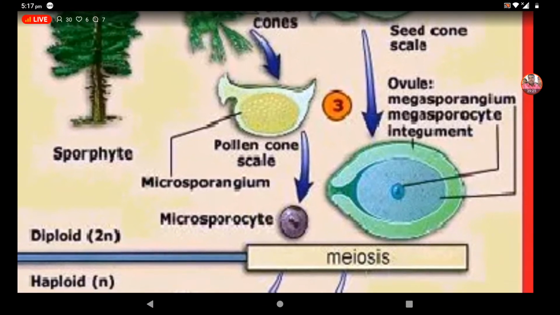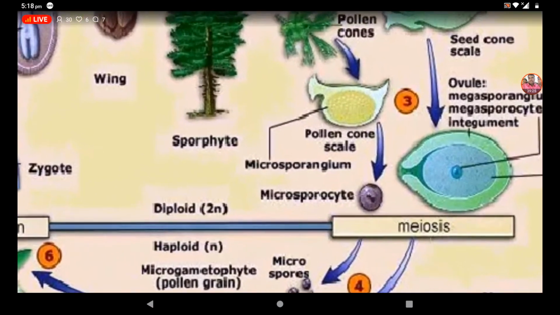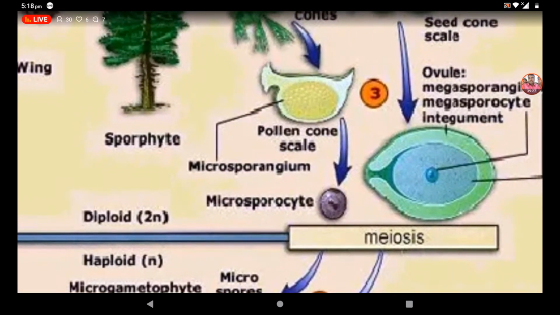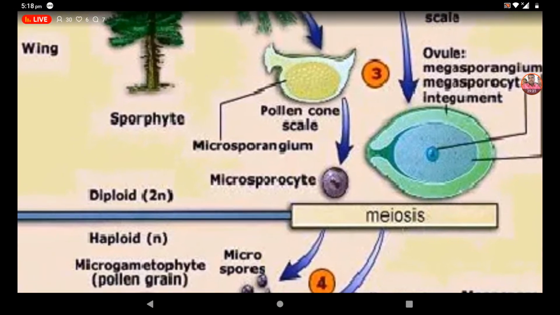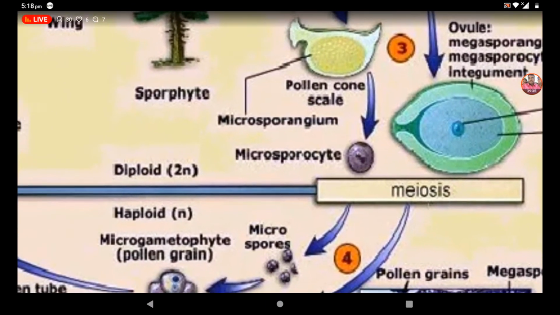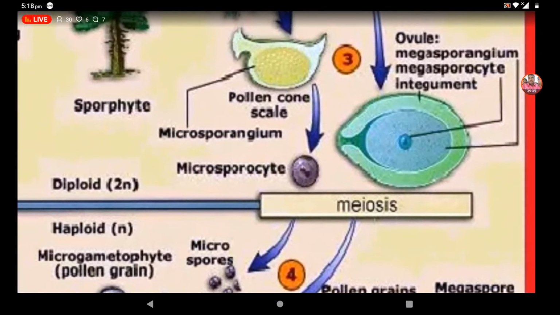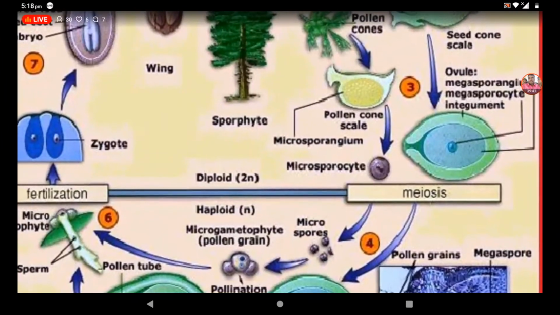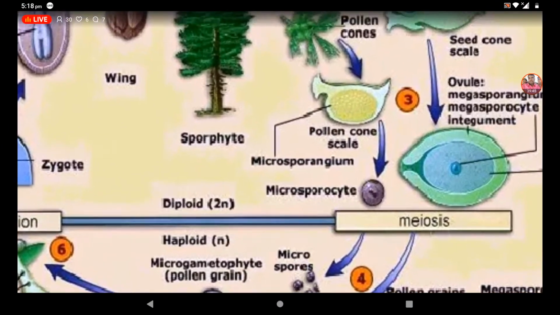Till here you find the diploid condition. On this side also, the pollen cone scale is present, microsporangium is present in that, and the microsporocyte also. Till here it is diploid. So the microsporocyte is diploid, which is going to become pollen grains. And in the ovule also, all the parts, megasporangium, megasporocyte and integument, are in a diploid condition.